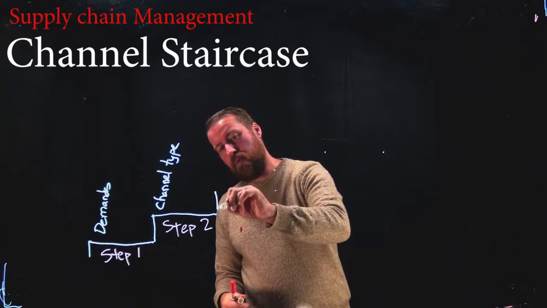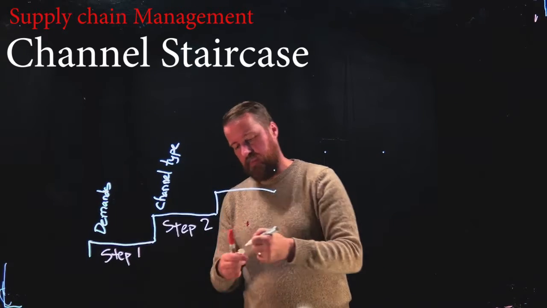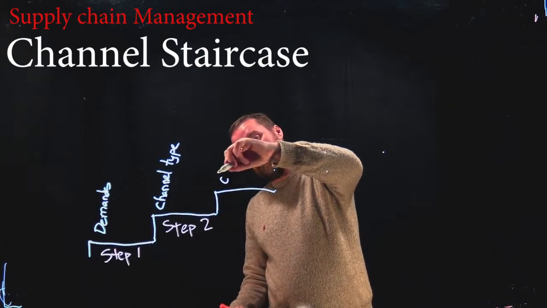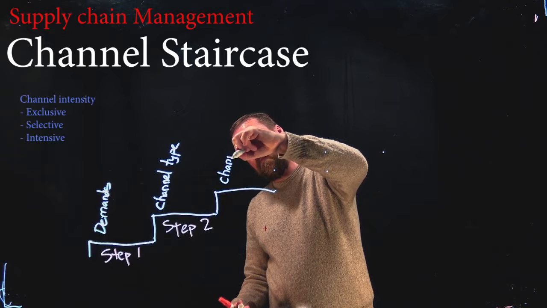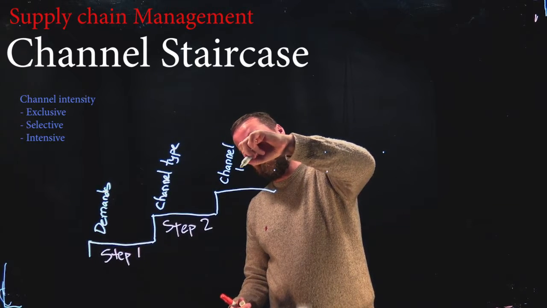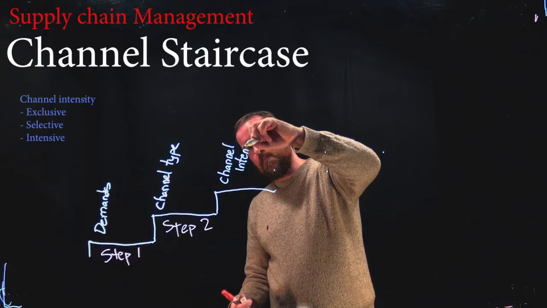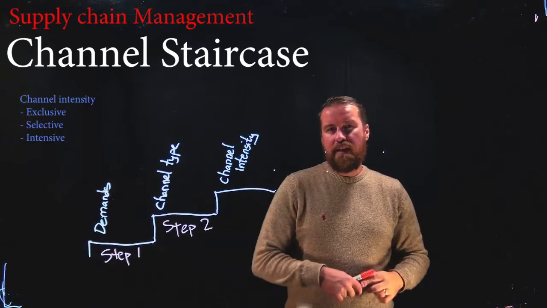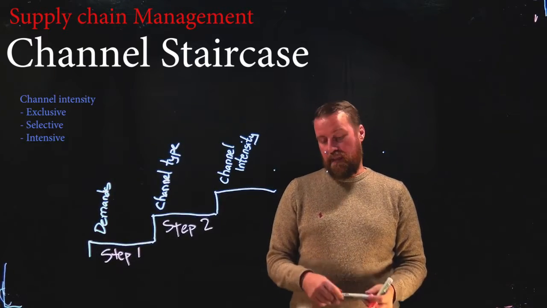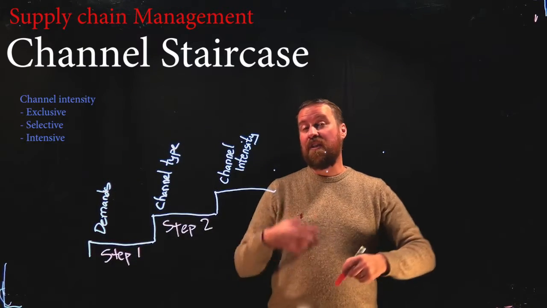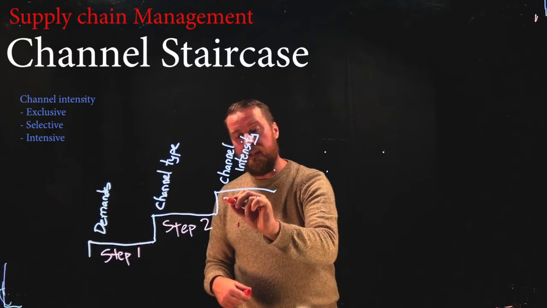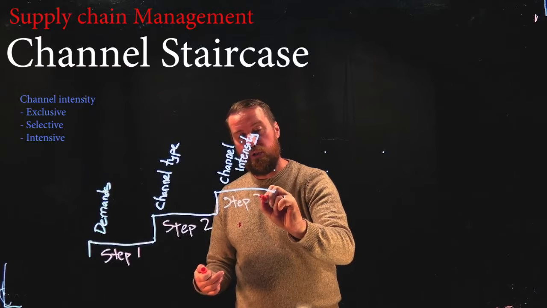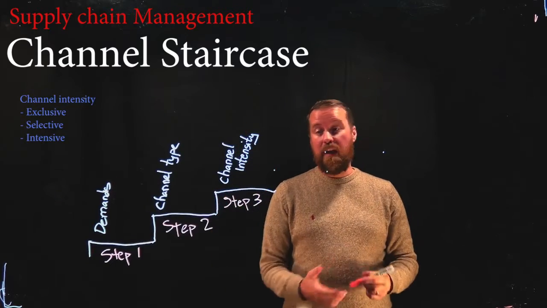In step three, we're looking at the channel intensity. The channel intensity comes in the range, and the range focuses on how many places our products should be available.